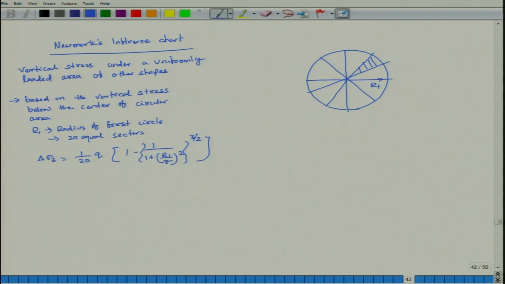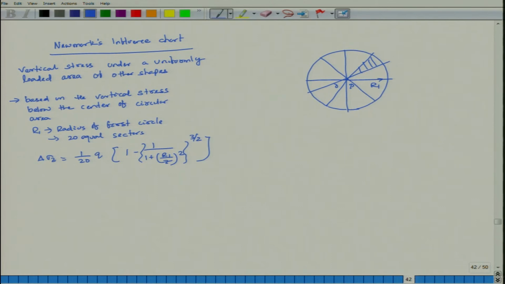If you take a concentric circle divided into 20 equal parts, then because it is a circular loaded area, at the center here, let us say at the center here O, below the ground surface this is my point P, then for circular loaded area this is the increase in stress q into this. If I divide into 20 parts, if I take only one sector, it should be q by 20.